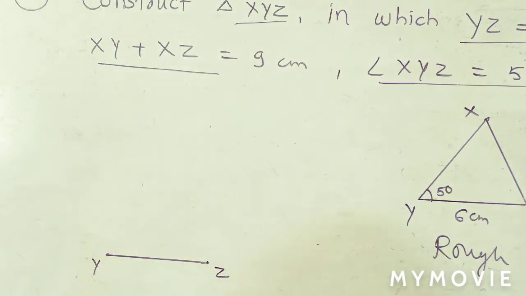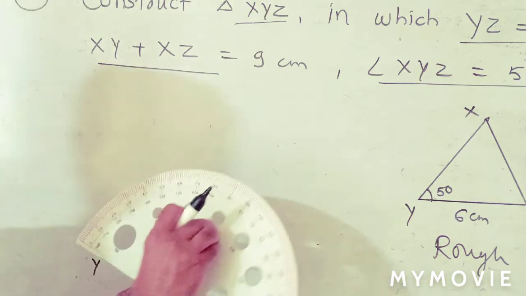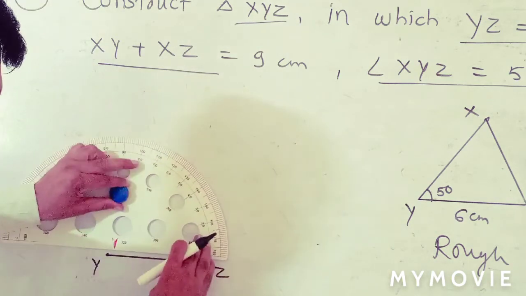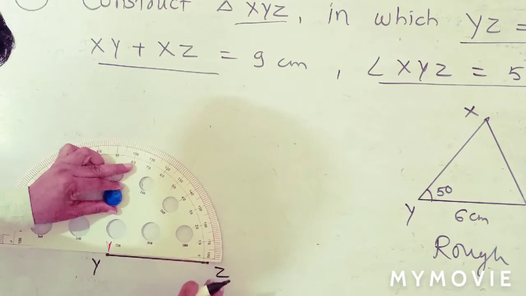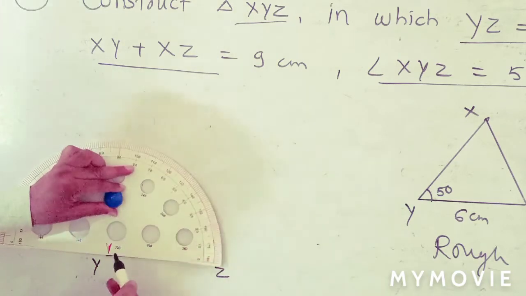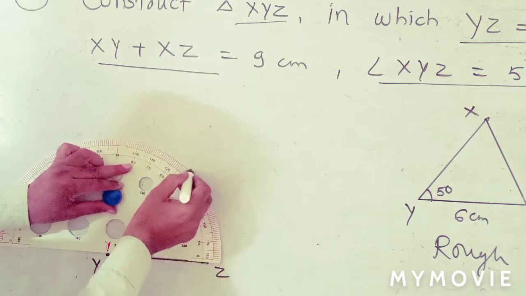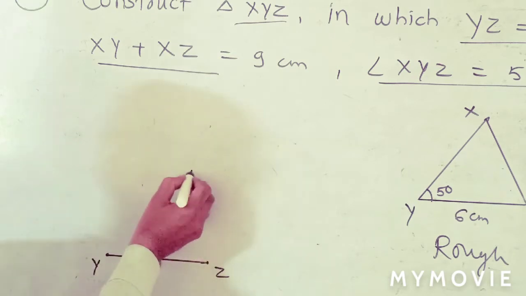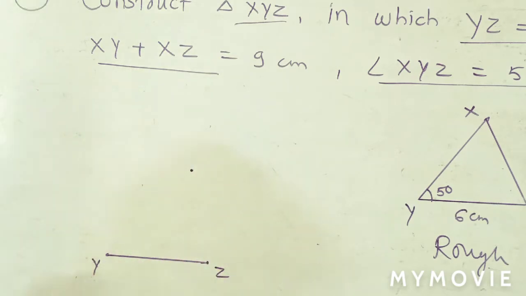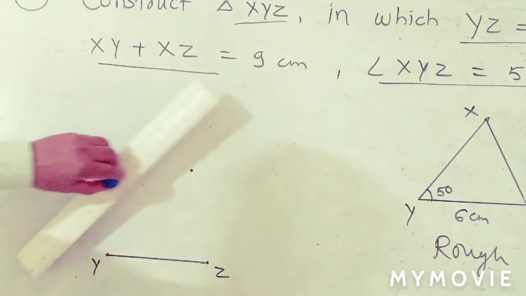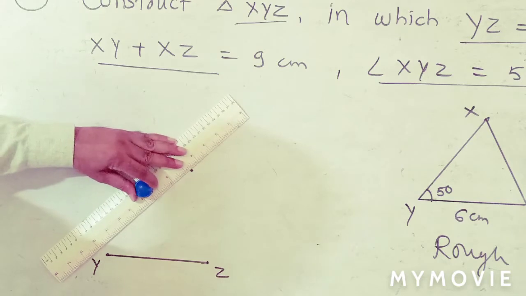After that, we want the base angle of 50 degrees. Using the protractor, draw a 50 degree ray. We put the perpendicular sign on Y. From the right side you see 50 degrees and mark a point at 50 degrees here. By using a scale, draw a ray from Y.